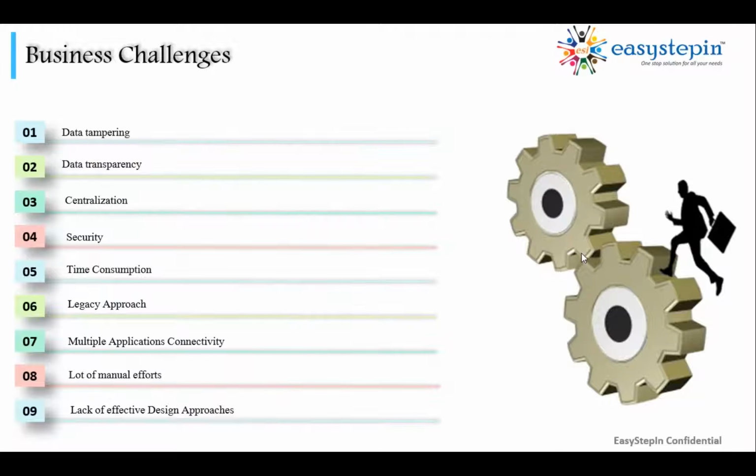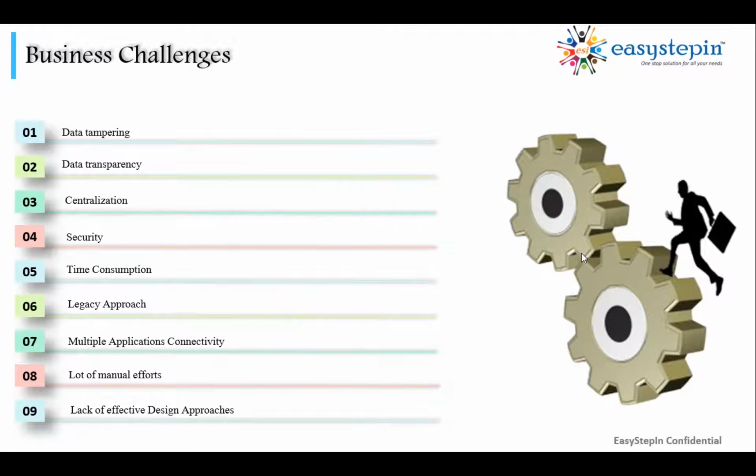Now we will look at the business challenges. With respect to blockchain: data tampering, data transparency, centralization, and security. These are the most common business challenges. In traditional databases, data can easily be tampered with.